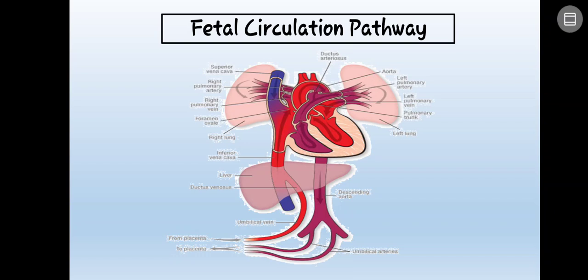So this is how the whole process works. Right after delivery, after a few days, these structures turn into ligaments and form part of existing organs in the body. Okay, so this brings us to the end of the fetal circulation.